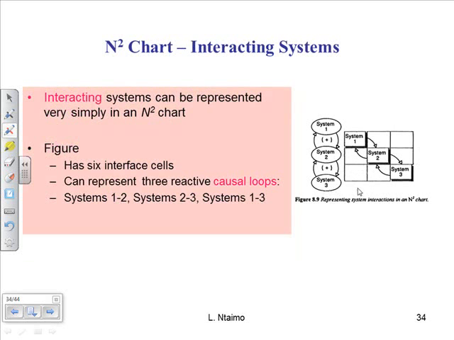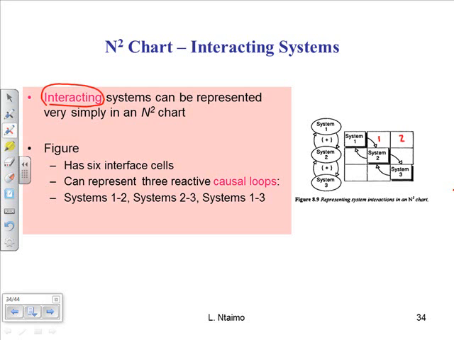In this particular example, we looked at the interfaces between systems. We can see that these interfaces actually allow for the systems to interact. In this case, we have 6 interface cells.